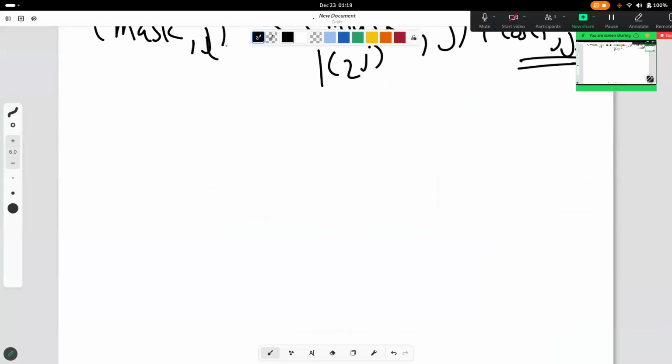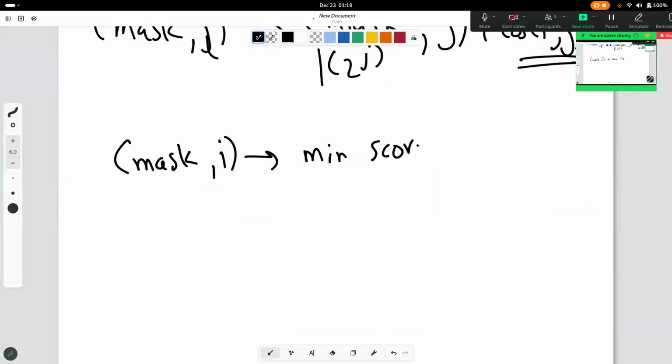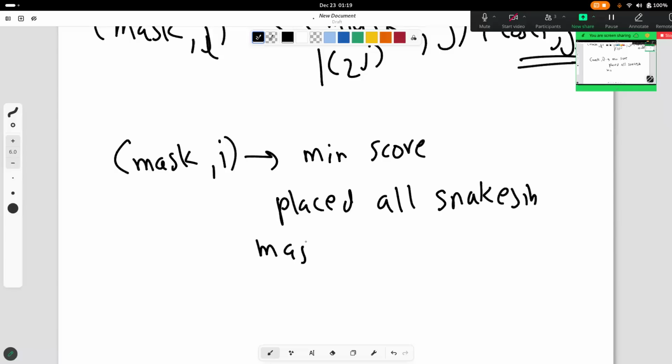But the overall idea of this problem is we maintain our DP state, that is mask and I, which says what's the min score given that we have placed all snakes in mask and I is the last snake.